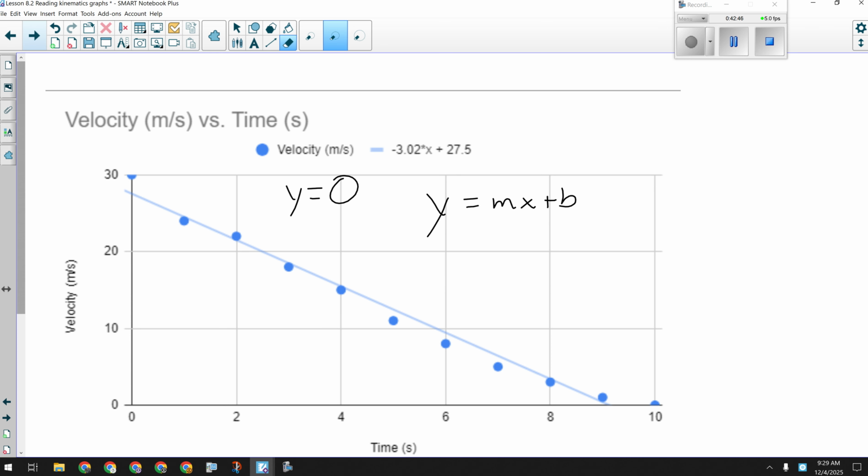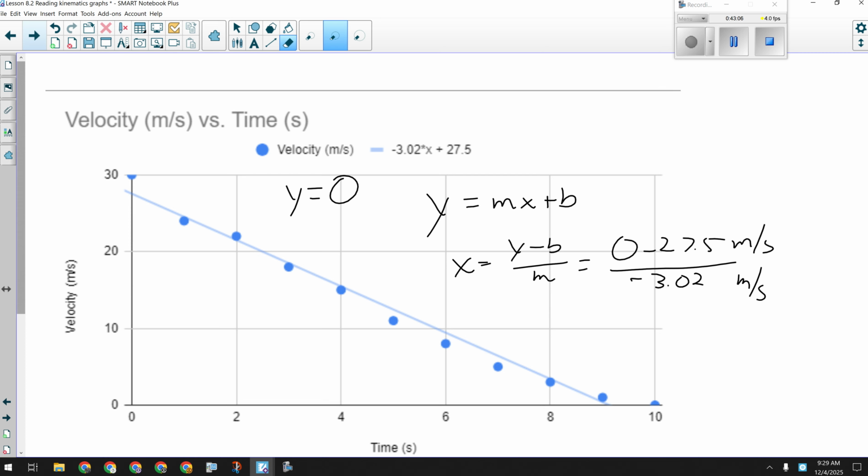Okay? So I'm looking for x, so x will be y minus b over m. That's going to be 0 minus 27.5 divided by negative 3.02. On the top, I'm going to have meters per second, and on the bottom, I've got meters per second squared, because that's the acceleration.